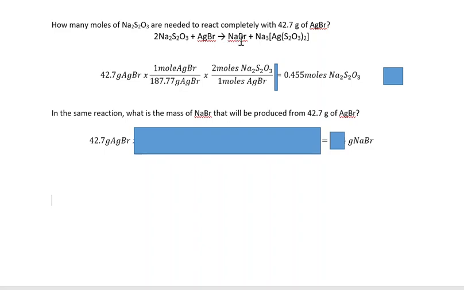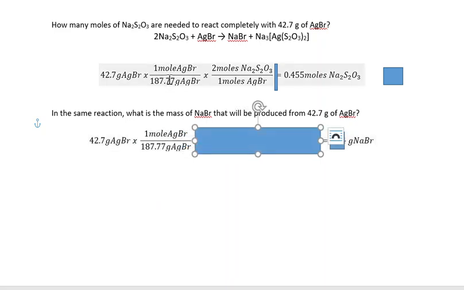And then I can figure out how many grams there are per mole of sodium bromide, and that'll help me calculate my grams that I have. So for silver bromide, as we came up with there, I have 187.77 grams for every 1 mole. And I have a 1-to-1 relationship between silver bromide and sodium bromide.